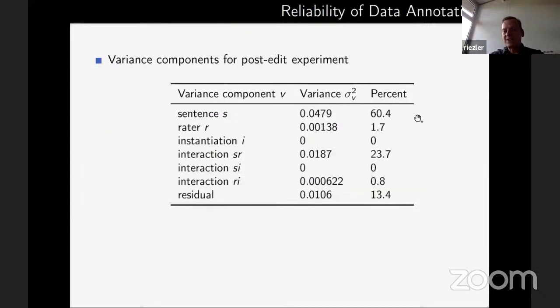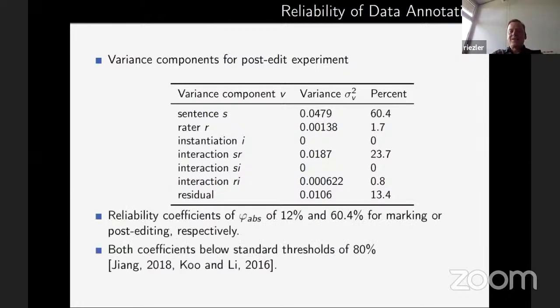And for post edits, it looked a little bit better. 60% of the variance was due to the different sentences, and less variance was due to the raters and the repeated measurements, the repeated annotation, but this is also not a satisfactory result. So what we want to have is something like 80%.